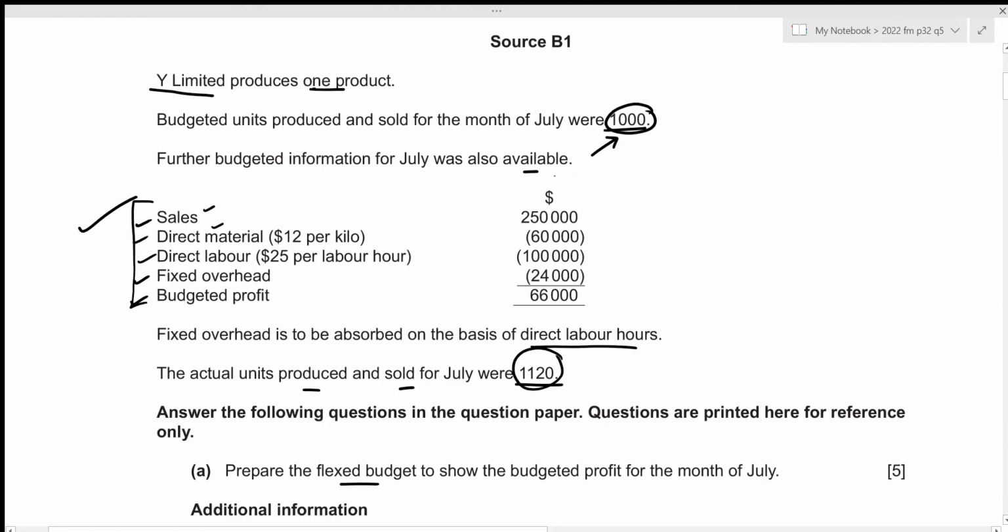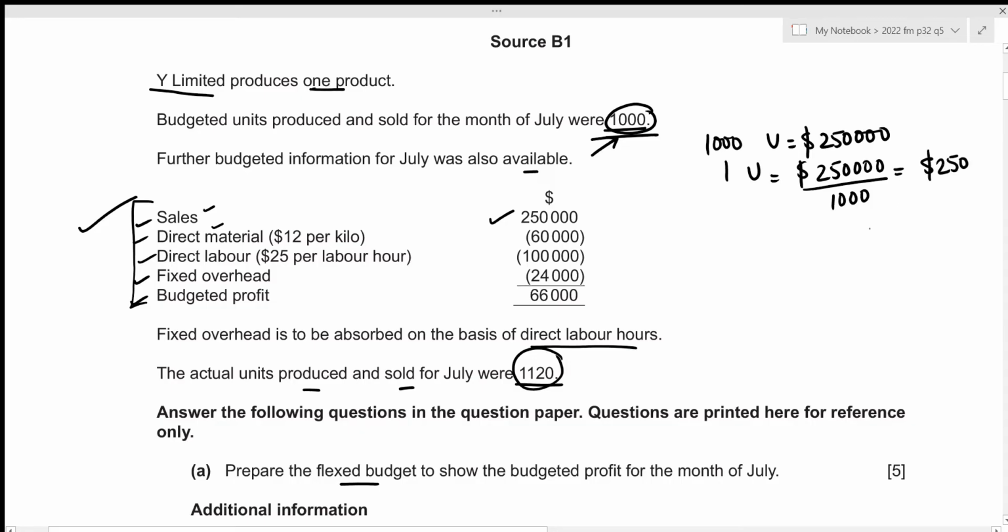We can see that the total sales value for 1,000 units is given to be 250,000. So for 1,000 units, that's 250,000, which means that for 1 unit, that is just going to be 250,000 divided by 1,000, which results in the selling price per unit to be 250.